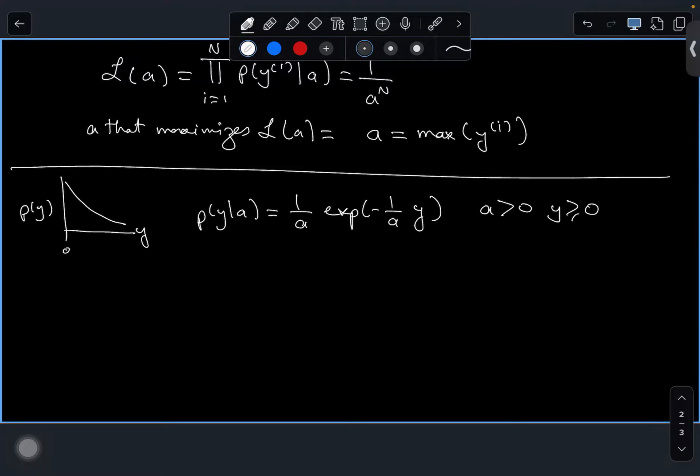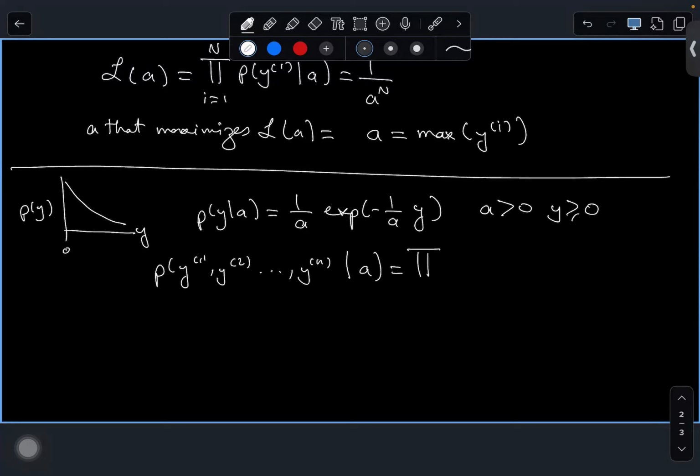Okay, so I've been giving you some data. I say, what is A? What is the parameter A that describes this distribution? So you say, okay, well, let me find the likelihood. So what's the probability of Y1, Y2, through Yn given A?